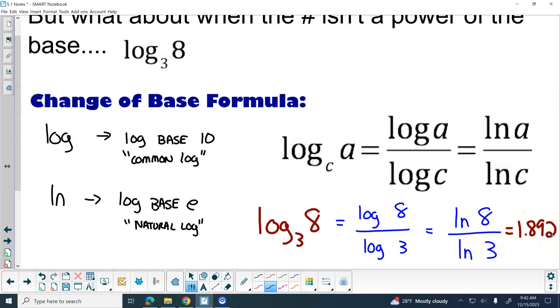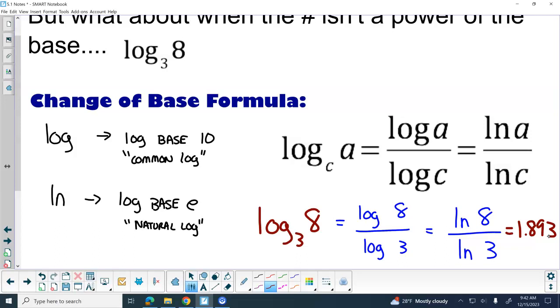Typically, we will round to 3 decimal places when we're dealing with them. 1.893 then? You know me, I like to be accurate. It's 1.892789261. Yep, so 1.893.